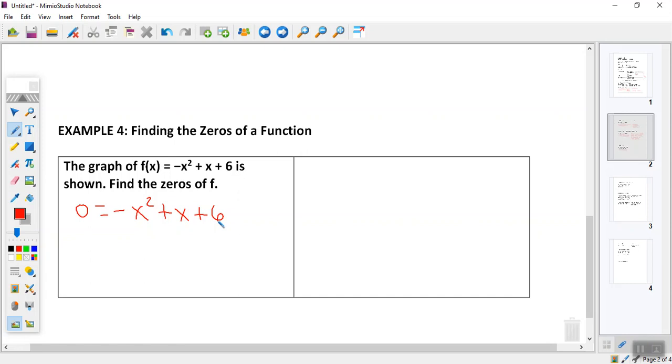You're typing in negative x squared plus x plus 6. What do you guys get? Now just click on your blue graph and then go to the little dots there and it'll tell you negative 2 and what? Negative 2 and 3.